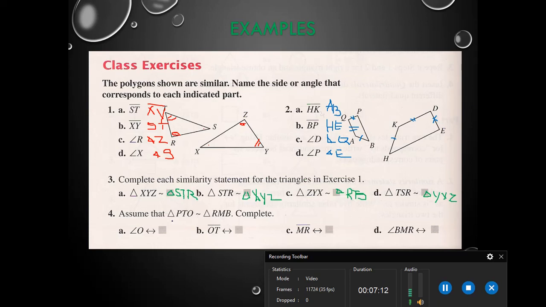The last set of examples want us to use the similarity statement to complete the problem. You can just look at the similarity statement. So angle O is last, and it matches up with B. Side OT is right here. That goes with side BM.